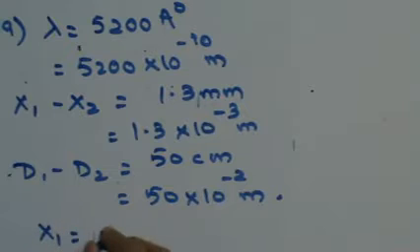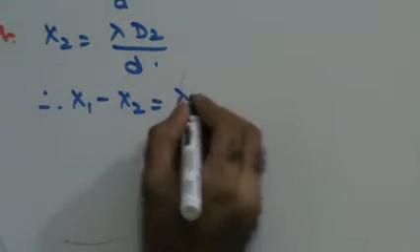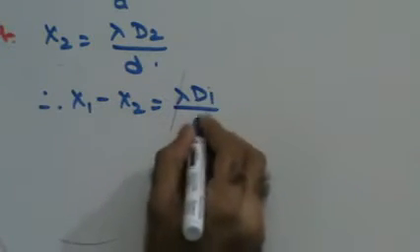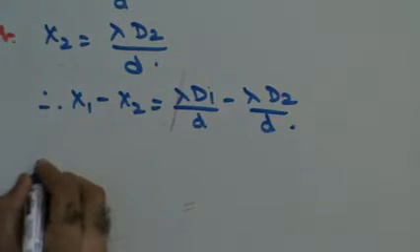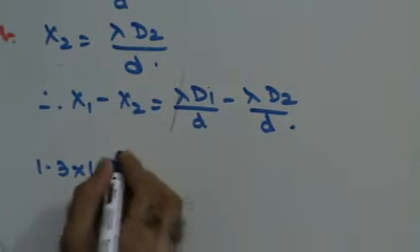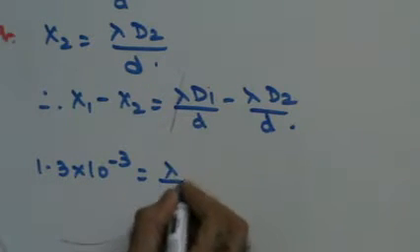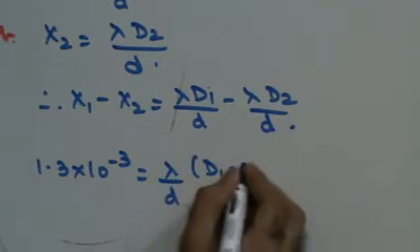Now I can say X1 is going to be nothing but lambda D1 by d. Similarly, X2 is going to be lambda D2 by d. Therefore, X1 minus X2 is lambda D1 by d minus lambda D2 by d. So X1 minus X2 is 1.3 into 10 raised to minus 3, which is lambda by d common, times D1 minus D2.